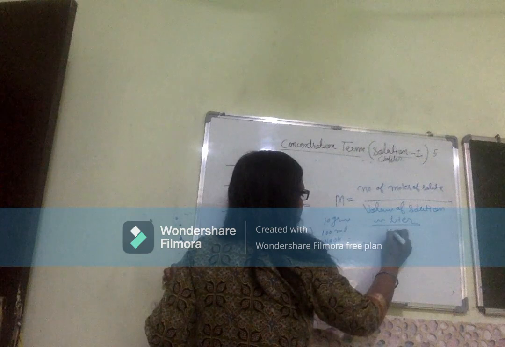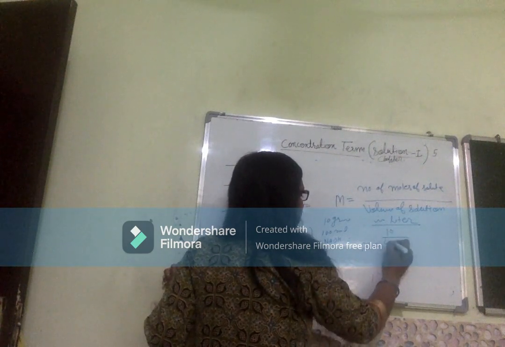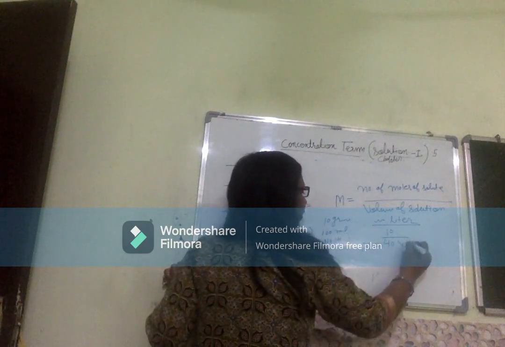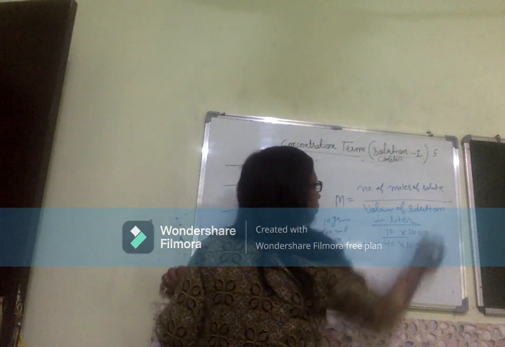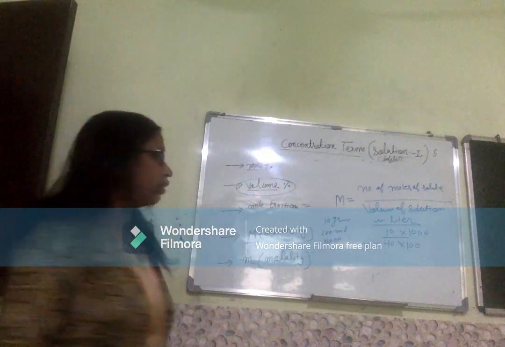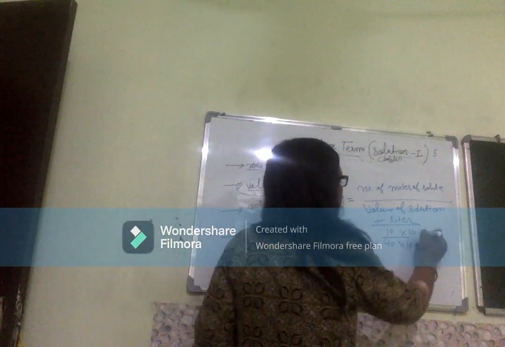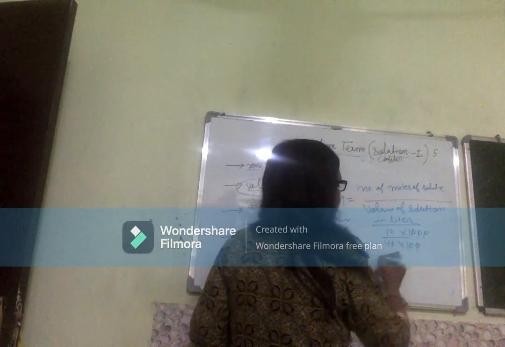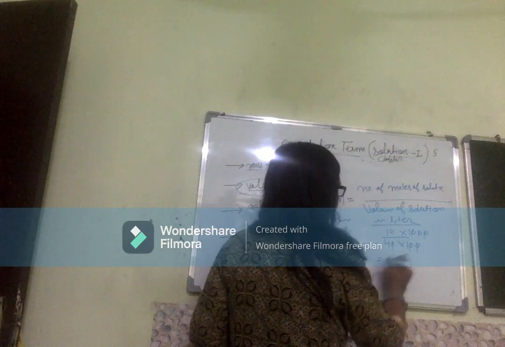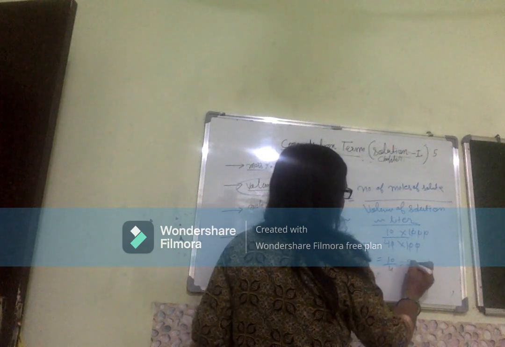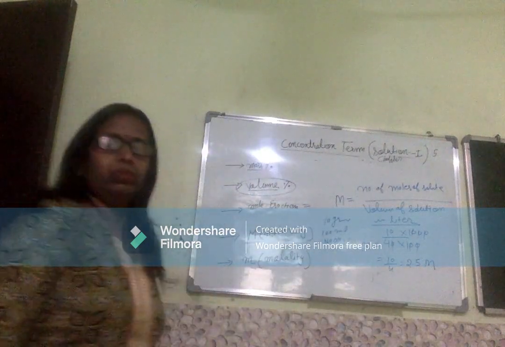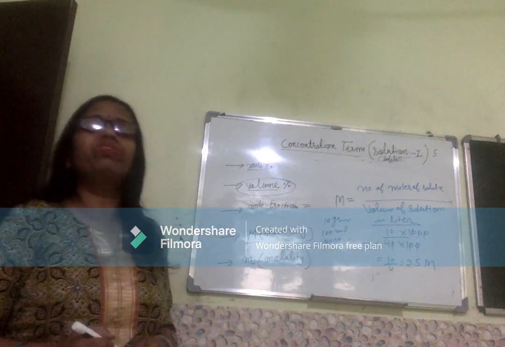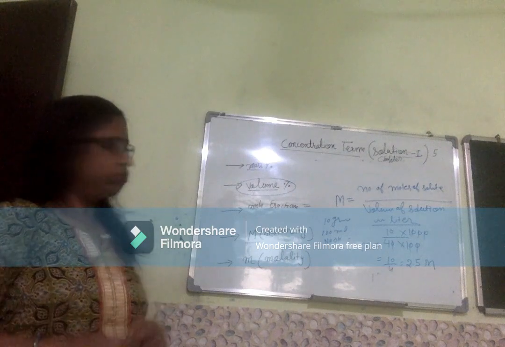Given mass 10, molecular weight 40. Volume 100 ml is in ml, so convert into liter. Then calculate: 10 by 4, yeah, 2.5 capital M. That is the molarity of the solution.